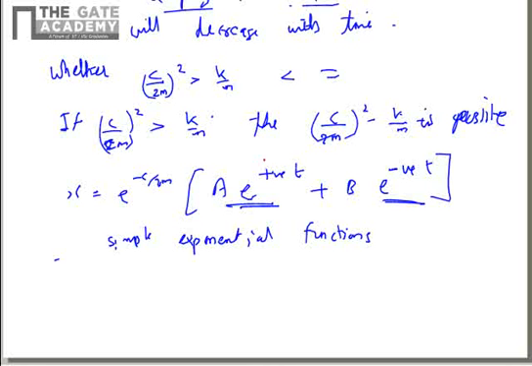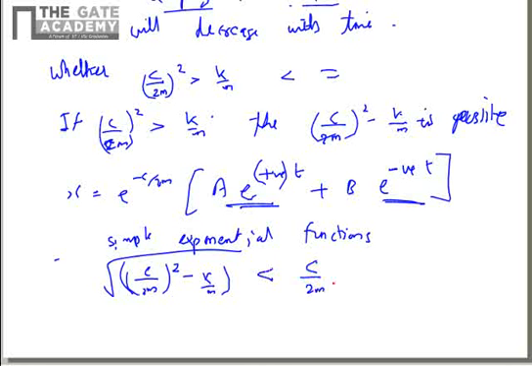And since this positive value here, which is the exponentially growing function, is the square root of (c by 2m) whole square minus k by m, this will always be less than c by 2m. Because you are subtracting something from (c by 2m) whole square and then taking the square root, the absolute value of this quantity will be less than the absolute value of c by 2m.